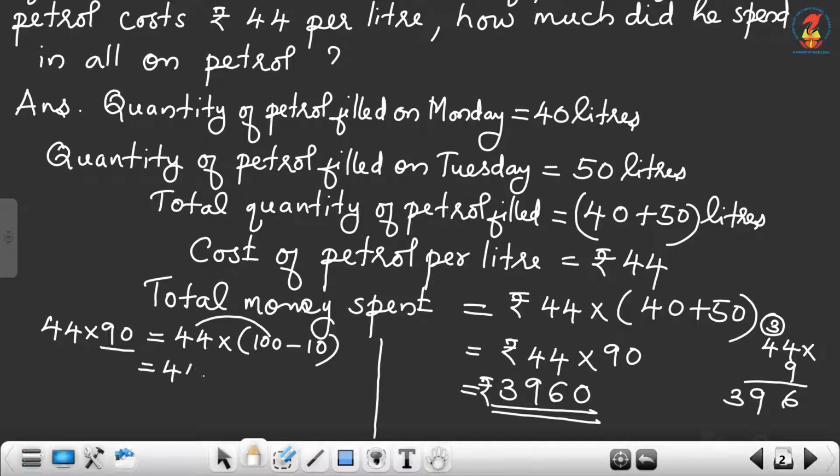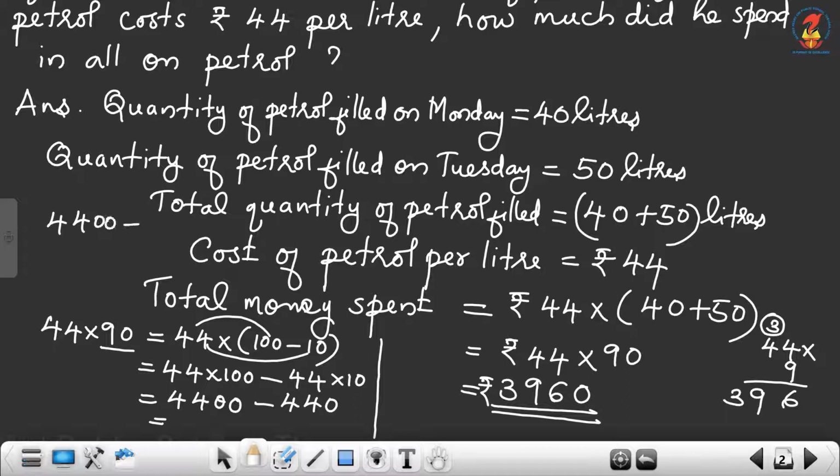Then 44 into 100 minus 44 into 10, 44 into 100, 4400 minus 440, which is equal to 3960.